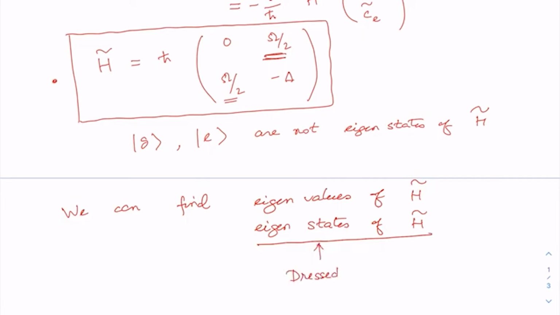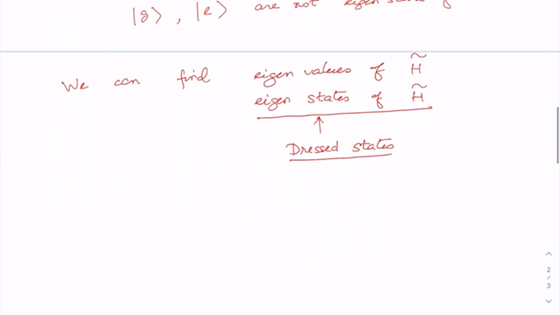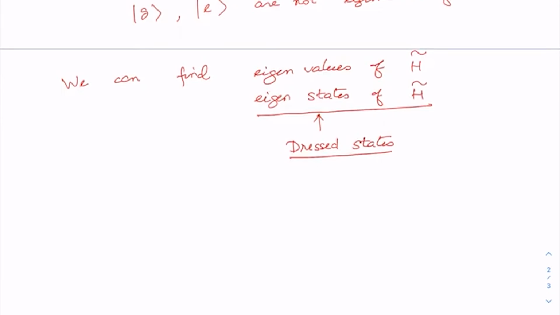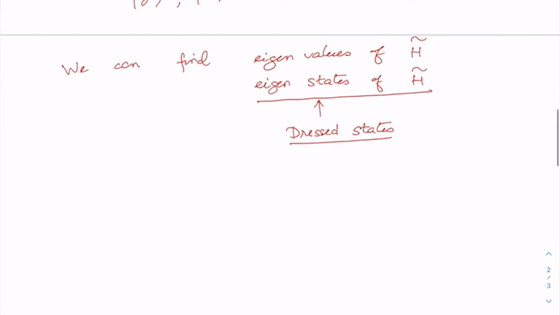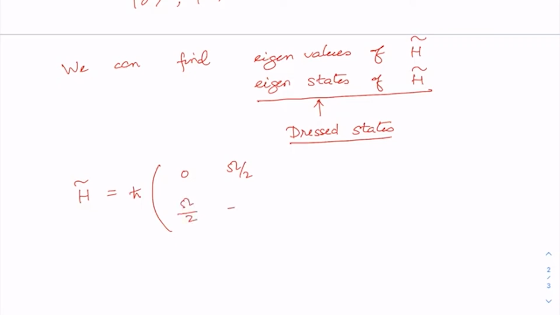So this is what we are going to work out first: to find the eigenvalues and the eigenstates. To find the eigenvalues is very trivial. Let us first find the eigenvalues. So H tilde again has omega by 2 and minus delta.